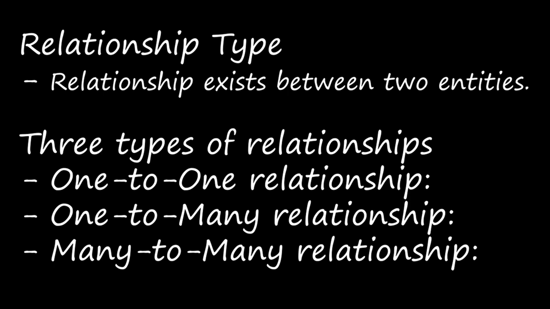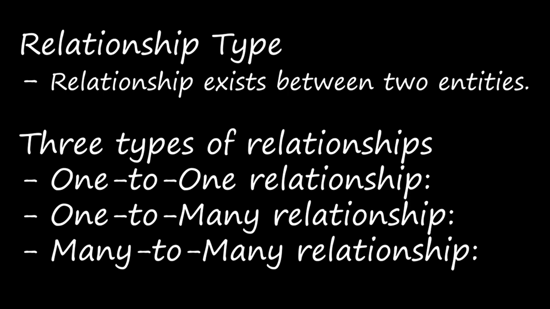Let's consider there are 2 entities, A and B. This is a one-to-one relationship. Here, in this relational database design, if 0 or 1 instance of entity A is associated with 0 or 1 instance of entity B, that is, B will have one instance and A will have one instance, and they both will be associated, this is called a one-to-one relationship.